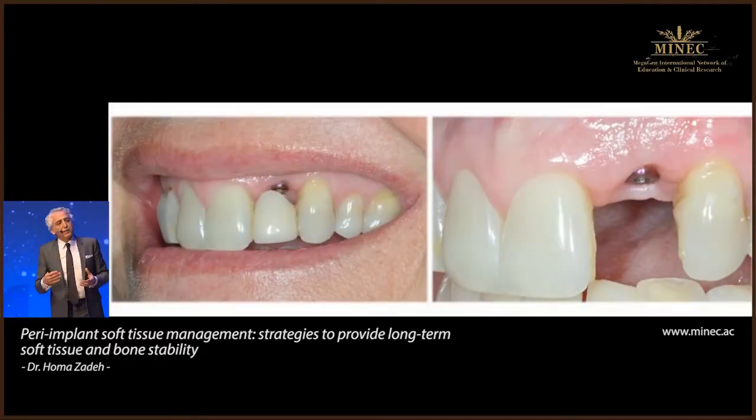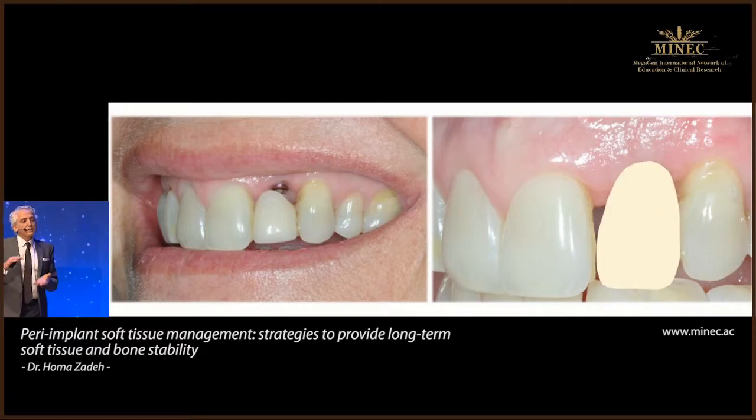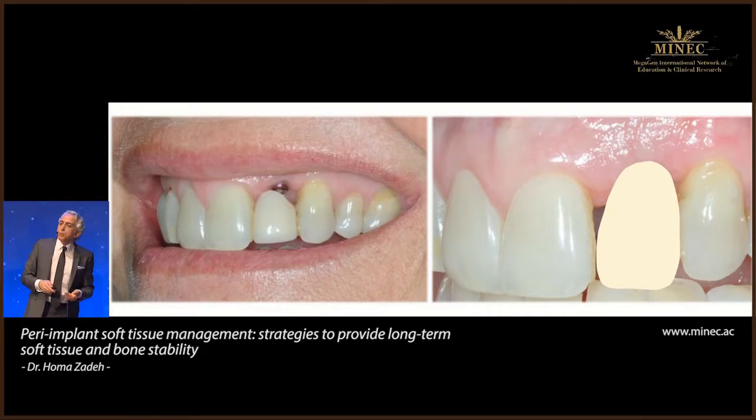irregularities and was unaesthetic. This is a patient who had an implant placed in the wrong position. The implant was placed too apically and too far to the facial. The general practitioner who was going to restore it said, can you please take this implant out, do bone graft, and place it in the right place, because by the time I restore it, I'm going to end up with a very long restoration.